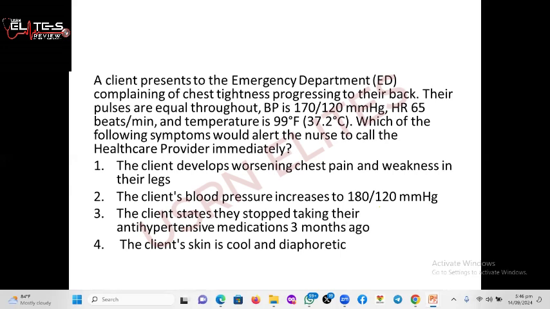We have: the client develops worsening chest pain and then weakness in their legs. The client's blood pressure increased to 180/120. The client states that they stopped taking their antihypertensive 3 months ago. The client is cold and diaphoretic. Which of these will prompt you to inform the healthcare provider immediately?